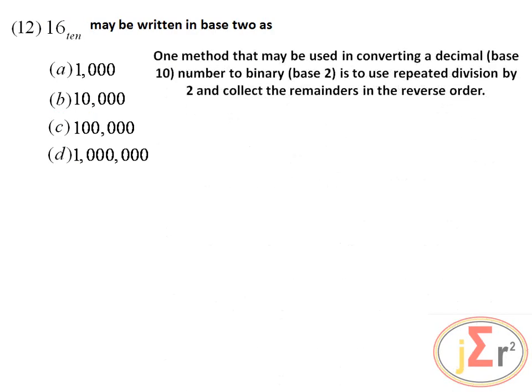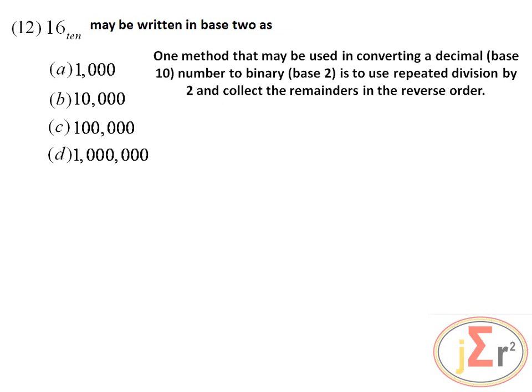One method that may be used in converting a decimal, which is a base 10 number, which we have right here, to binary, base 2, is to use repeated division by 2 and collect the remainder in the reverse order.